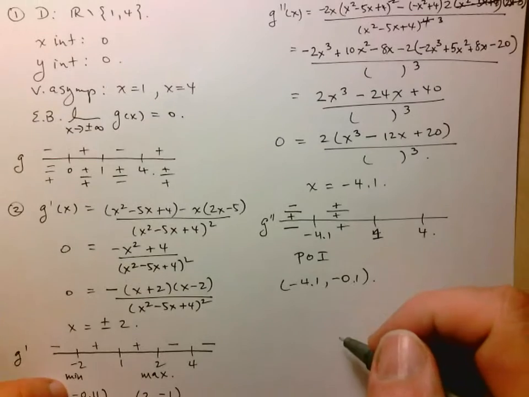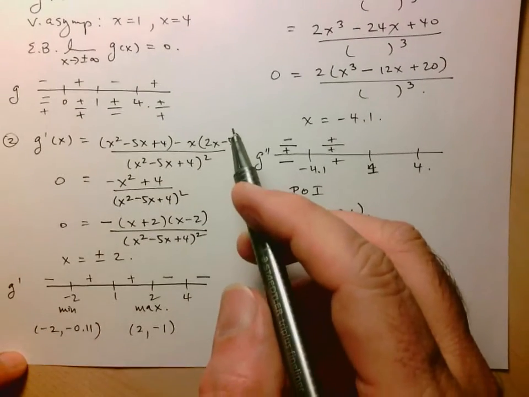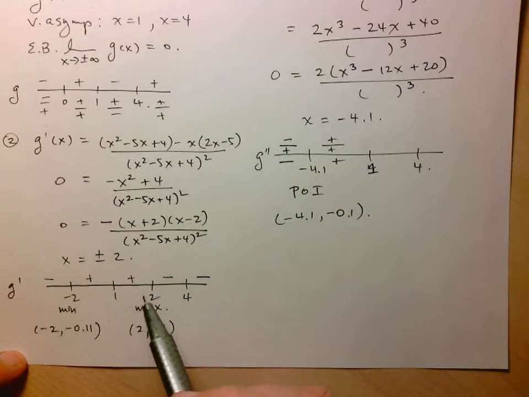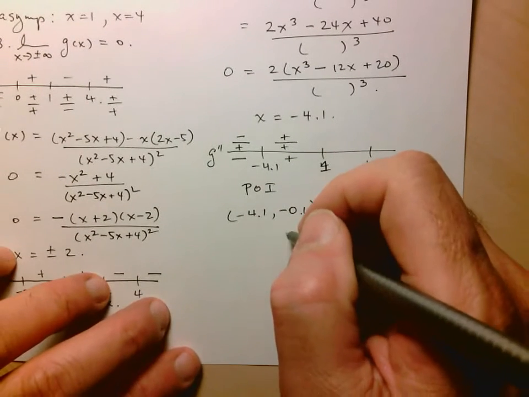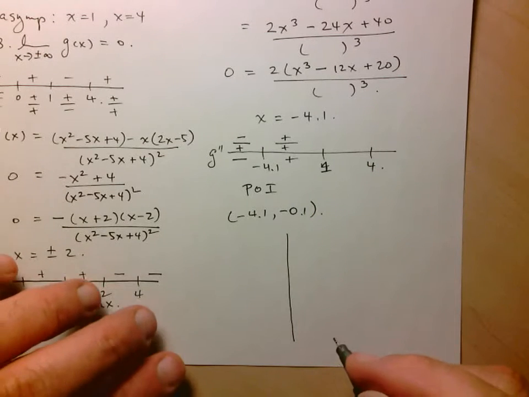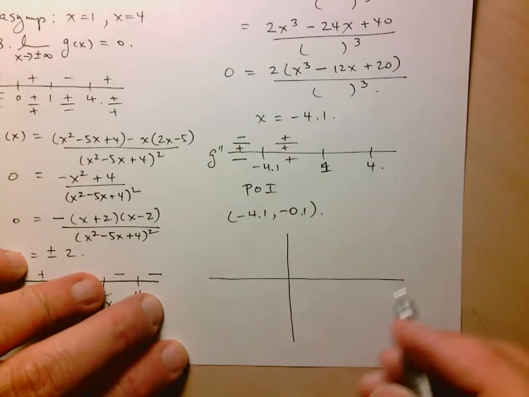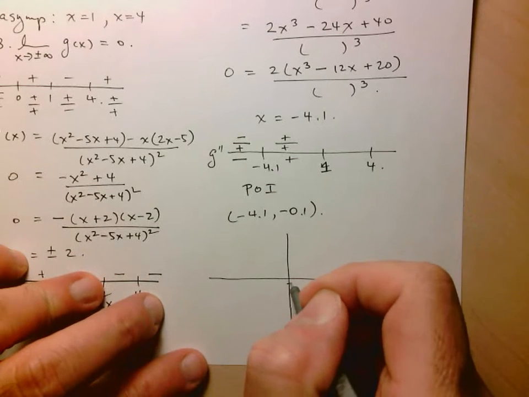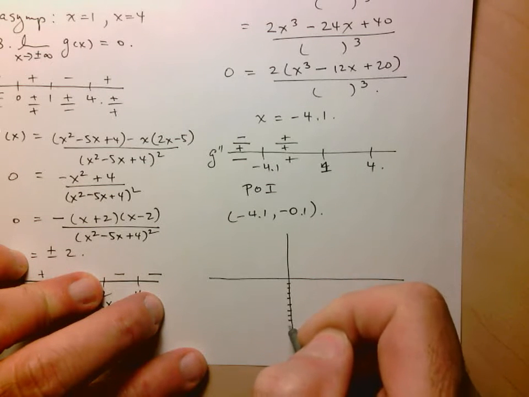Okay, and again, to save myself some time, I didn't prepare a graph, but let's graph this here. So we have our x-intercept at 0, and if I look at my y values of all my important points, it looks like negative 1 is the smallest one, the one furthest away from 0. So I guess what I'll do here, and this is a pretty small number, is go negative 1, 2, 3, 4, 5, 6, 7, 8, 9, 10.